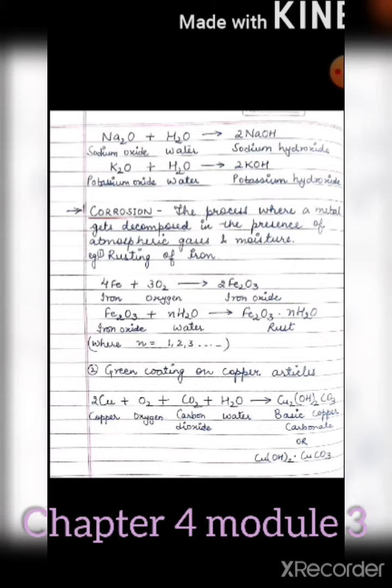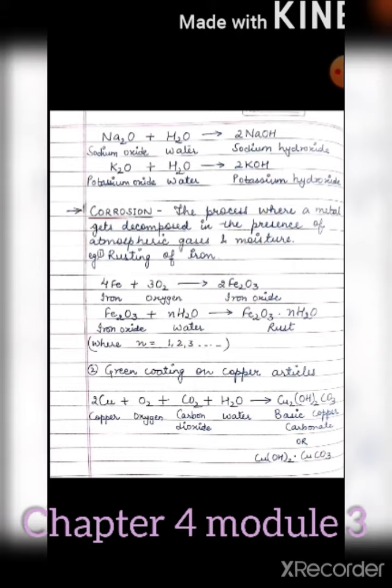Here n means 1, 2, 3, 4, and so on, any number. It depends upon the number of water molecules present in the atmosphere. So this compound is known as rust, Fe2O3.nH2O, that is hydrated iron oxide.